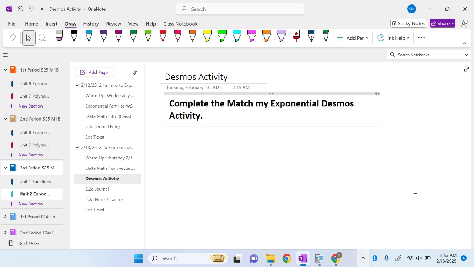It'll lay the groundwork for what we're doing today, as well as what we did yesterday, so it's a good review. Go ahead and get that done. Again, go on to Desmos Classroom. Make sure it's student.desmos, or you can go in through Canvas, because I do have it linked in Canvas. Do the activity labeled Match My Exponential. It should already be assigned to you.